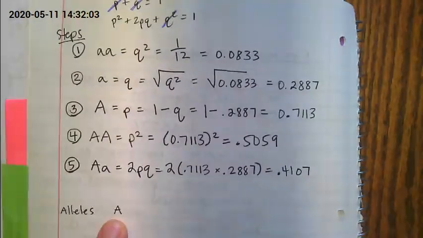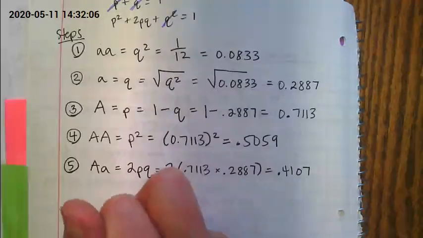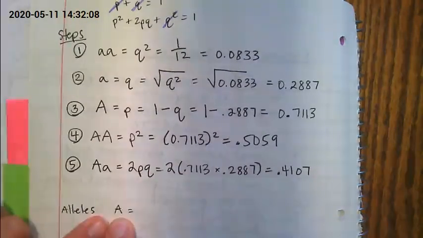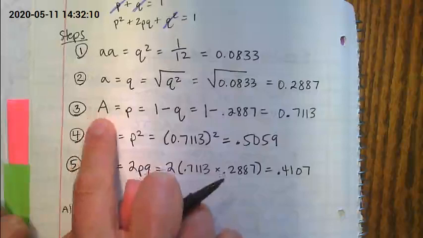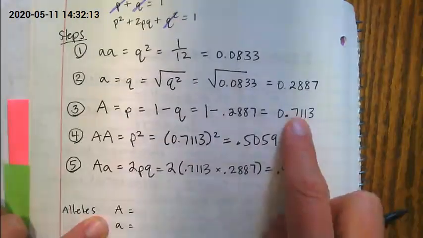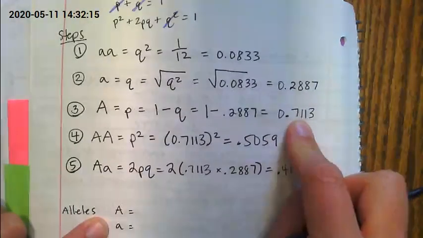What percentage of our dominant allele do we have? Can you convert that to a percentage?